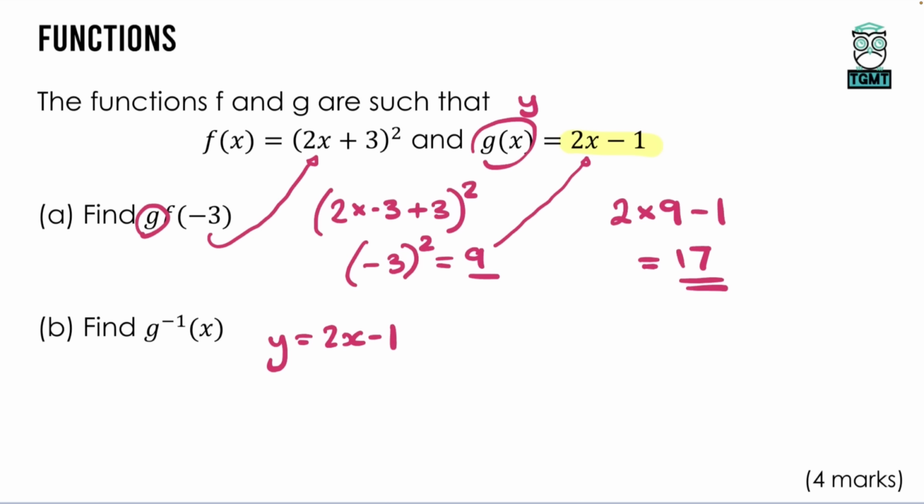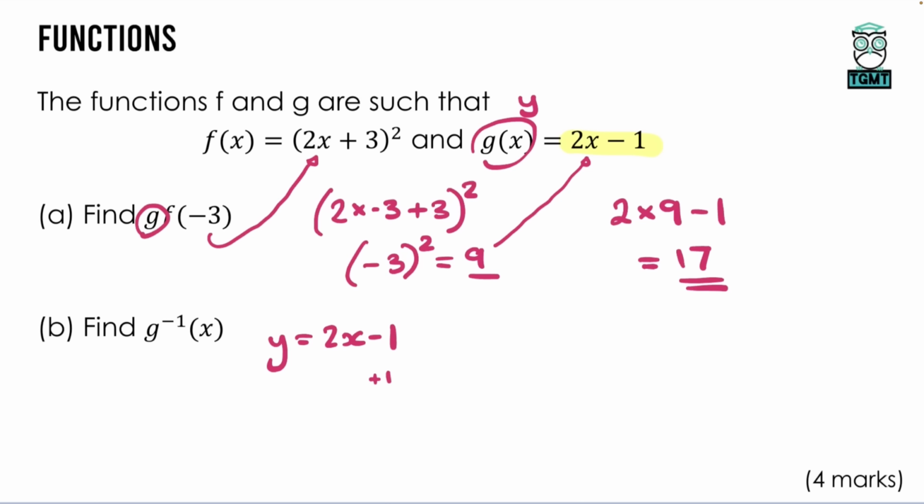The inverse function means the reverse function. So the reverse function of this is not timesing by 2 and taking away 1, but adding 1 and dividing by 2. And that process is found by making x the subject. So by writing g of x as y, I can make x the subject and I can move pieces around a little bit easier than if I'd left it as g of x.